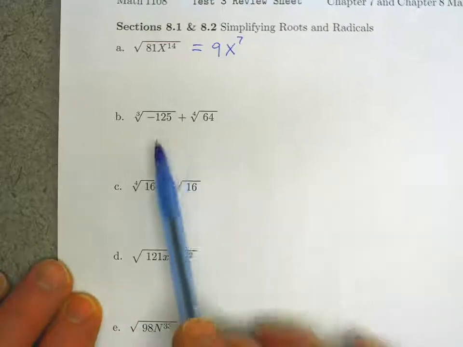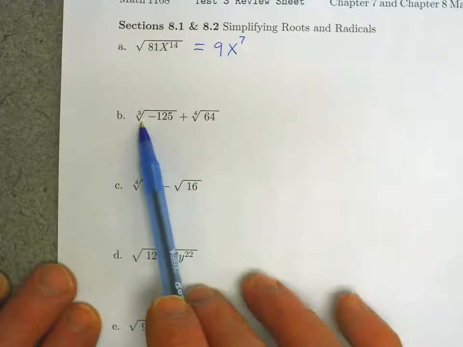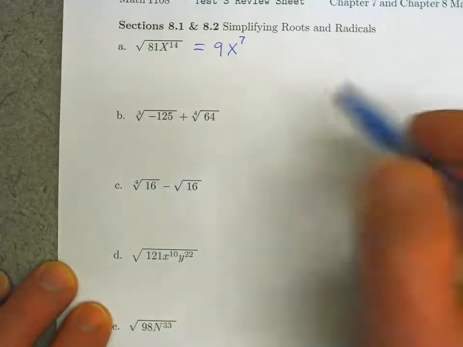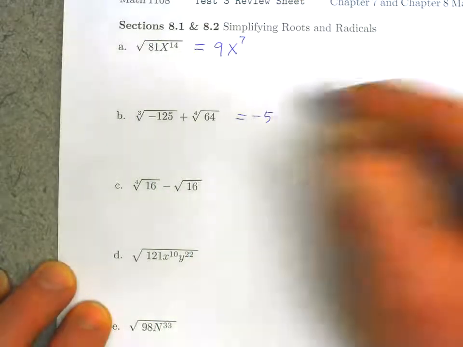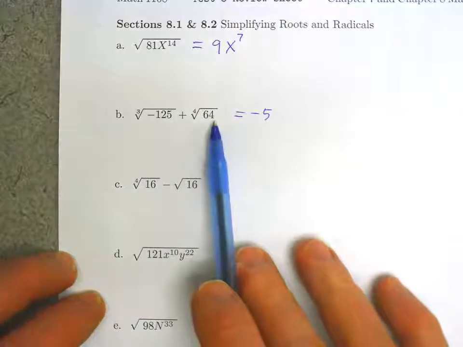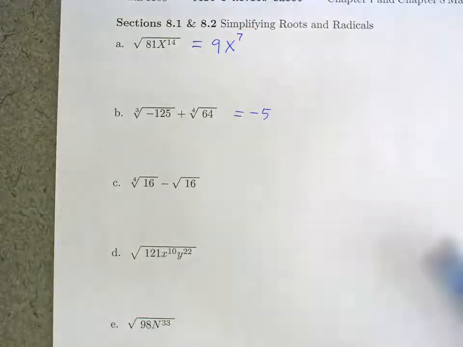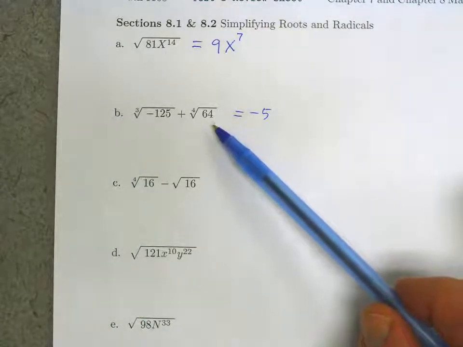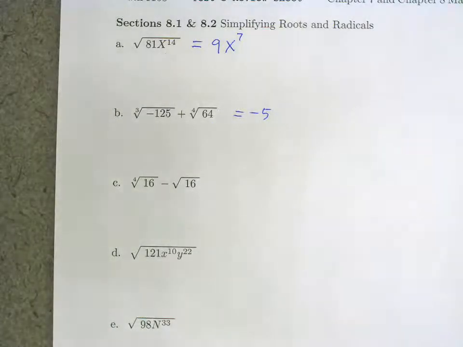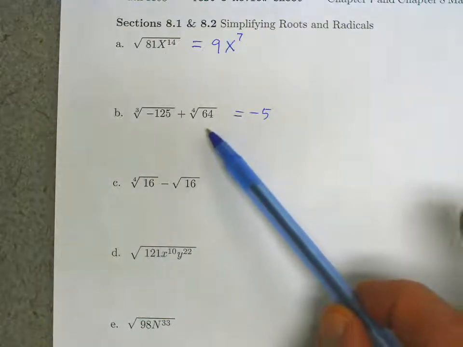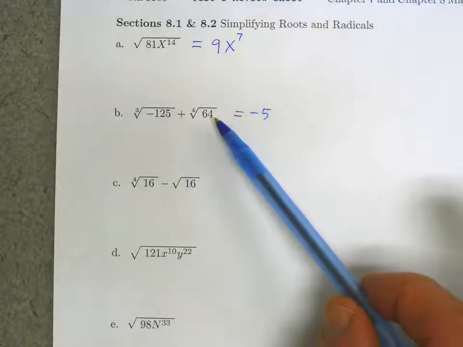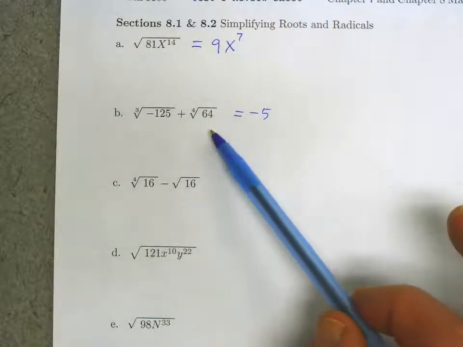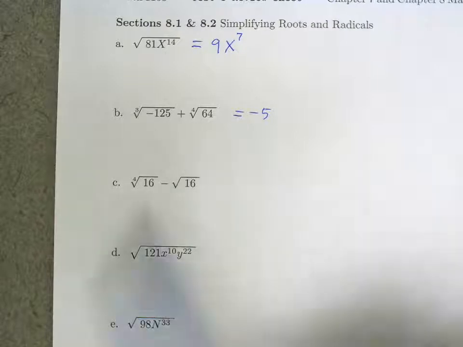The next example, the cubed root of -125 is just -5. The fourth root of 64 doesn't simplify to an integer because 64 is not a perfect fourth power. The largest factor of 64 that is a perfect fourth power is 16, and 16 times 4 is 64.